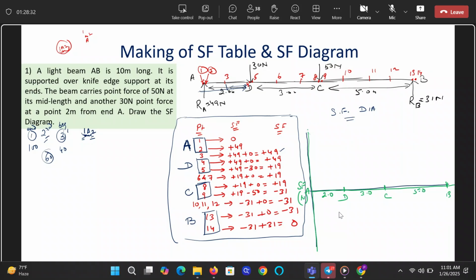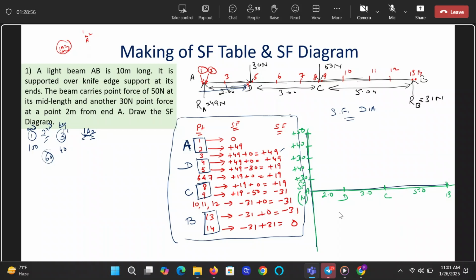I graduate my y-axis depending on my values. I have plus 49 values and minus 31 newtons. So let us say plus 10, 20, 30, 40, 50. What did I do?